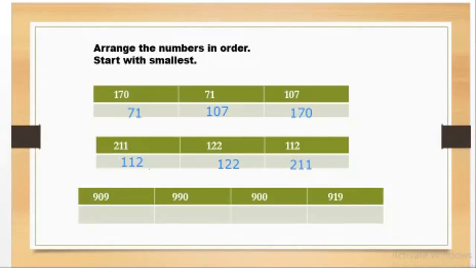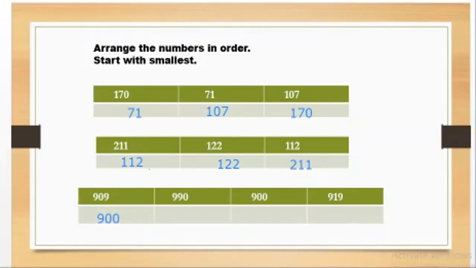So which is the smallest number in it? That is 900. Very good. So once you figure out the smallest one, then you can easily figure out the rest of the numbers. So this is done.